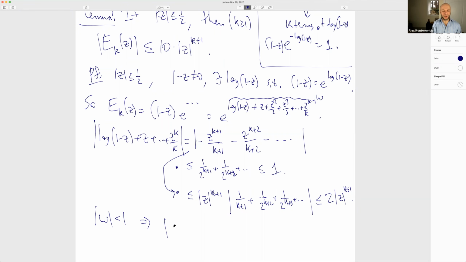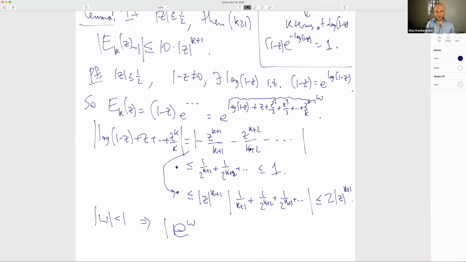And in general, if W is less than 1, then e to the W, I want to subtract 1. It's not that it's individually small, we want it to be close to 1. So e to the W minus 1 is less than this. Sorry, that's my claim. Okay?